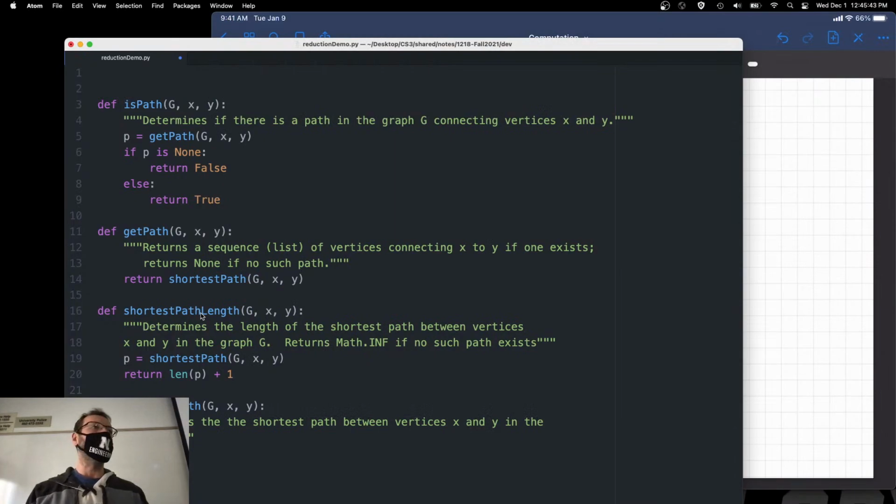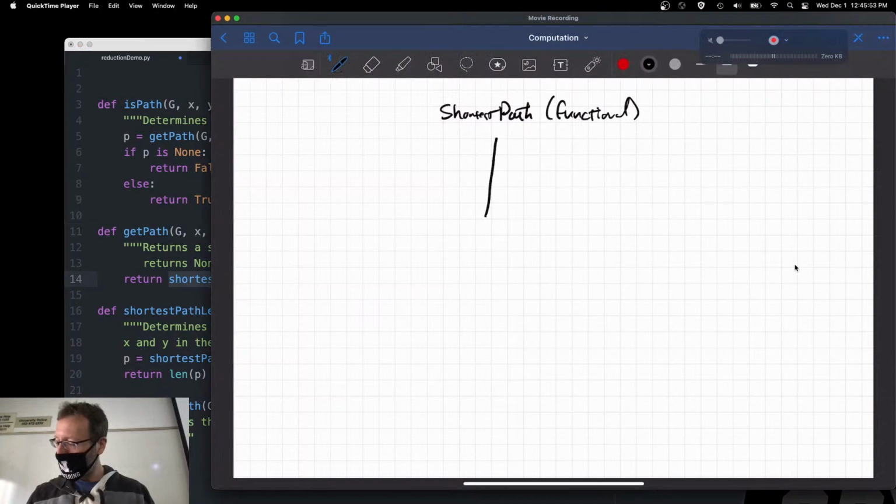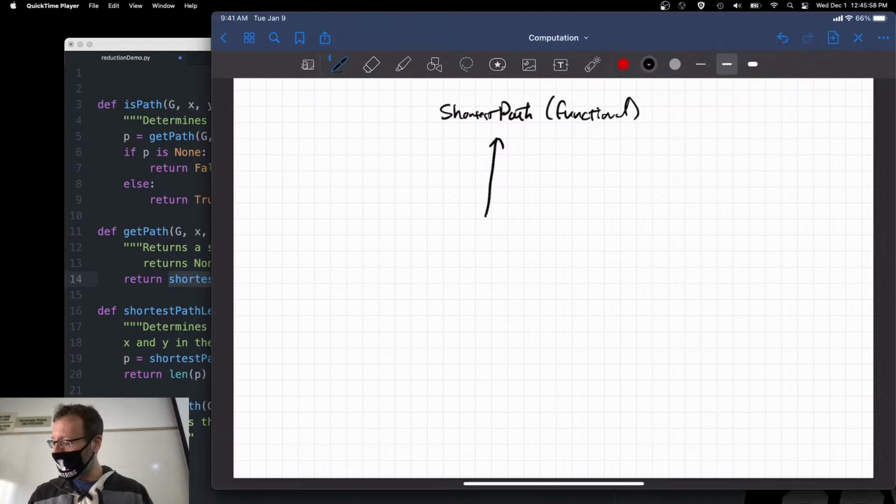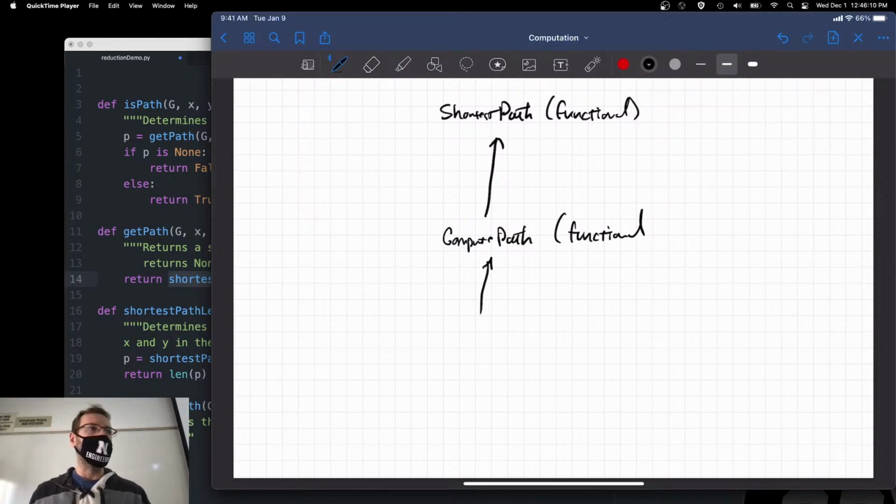Where would I write the rest of these? IsPath uses getPath, and getPath uses shortest path. So this is all transitive here. What was it called? Compute path. Let's say compute path, which is also a functional version. And then finally, down here, the least difficult thing among these four problems is going to be IsPath, or IsConnected.